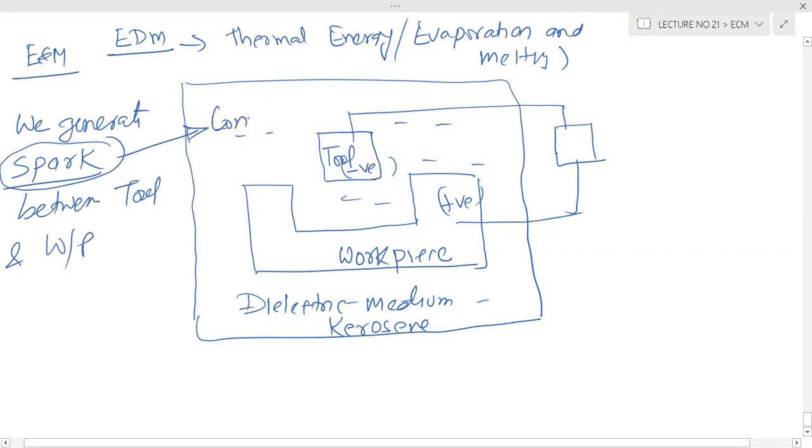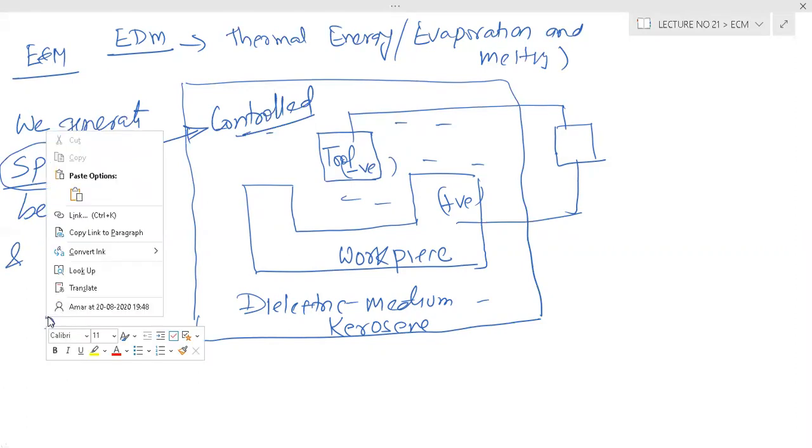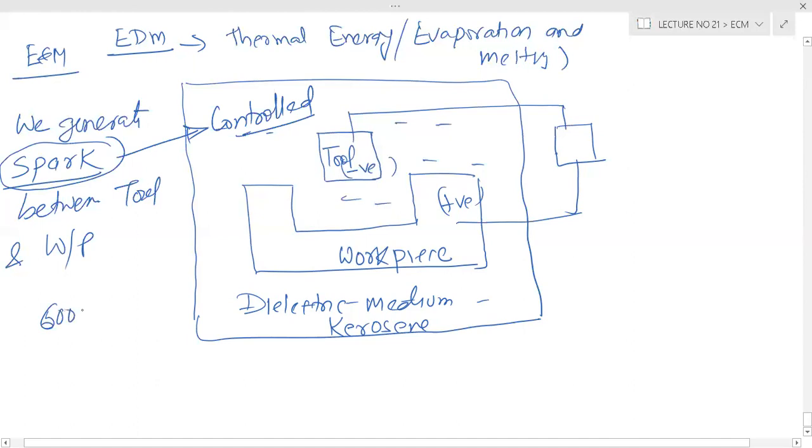It is not uncontrolled. We generate a controlled spark, and the temperature will go to plasma temperature, that is 6,000 degrees centigrade. This much temperature will be generated here.